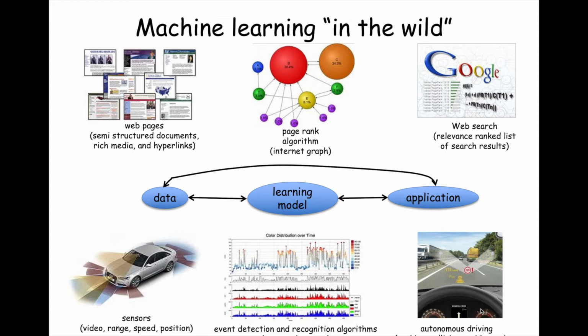They have an algorithm that runs. They have a mathematical representation, and they perform something in that representation in order to get this ranking of the so-called importance of web pages. So there's one application. It has data, it has a learning model, and that allows you to do something, and that's the end application. Now let's take the example down below.